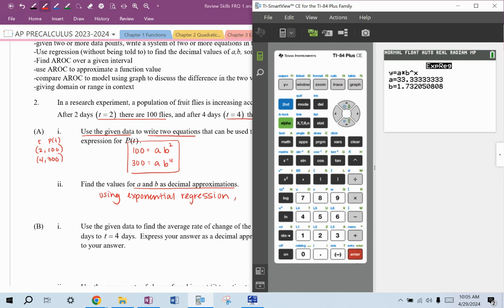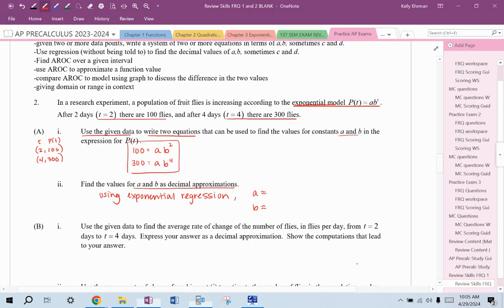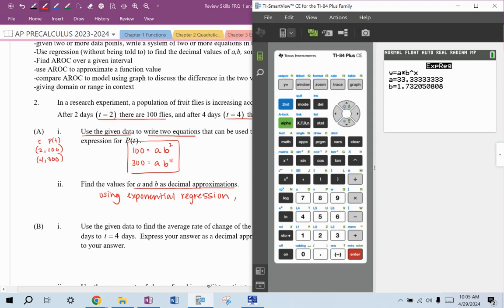Okay, now we're allowed to round to 3 places here. So we're allowed to say A is 33.333 and B is 1.732.